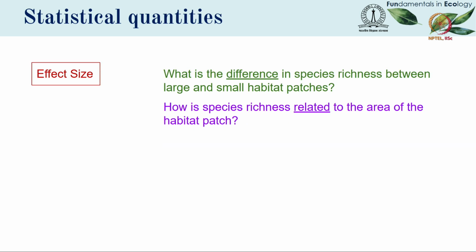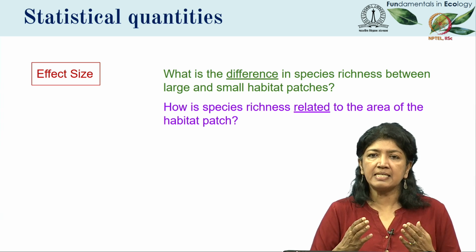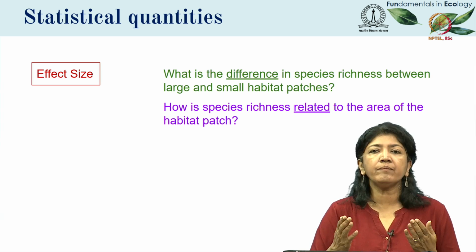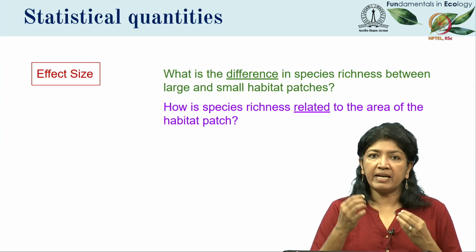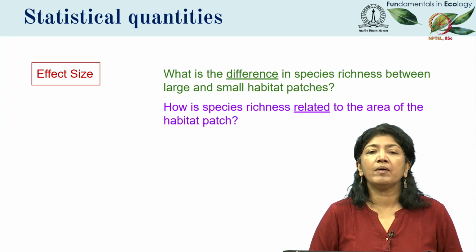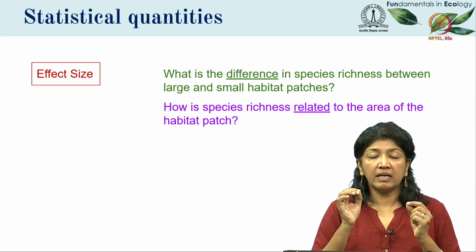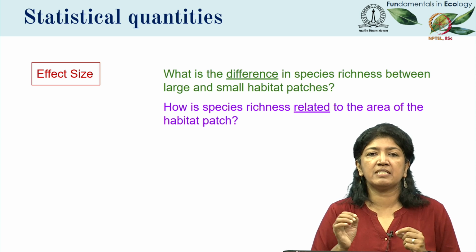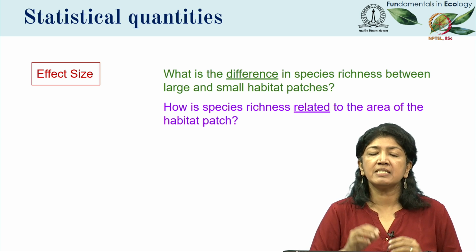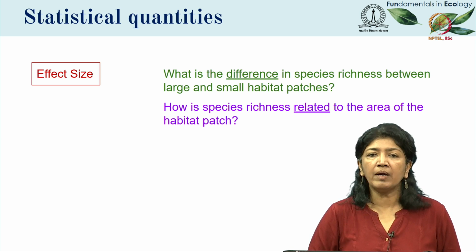Now, the second statistical quantity that we are likely to be interested in applies to cases where we are either comparing or estimating relationships. So, we might be interested in what is the difference in species richness, or how is species richness related to the area of the habitat patch.